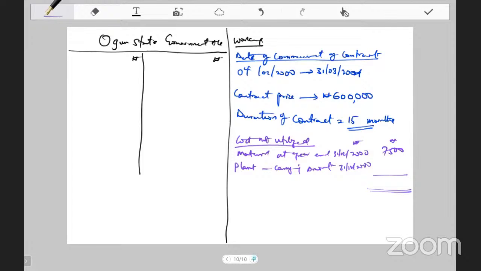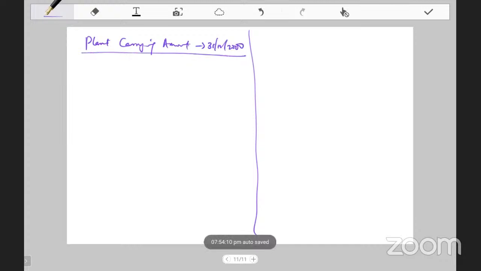So how will you now get to know the plant carrying amount at the end of the period? What's my plant carrying amount, at what date? 31/12/2020. What do you have in your book? 3,750. The book value of the plant purchase, look at what they said.